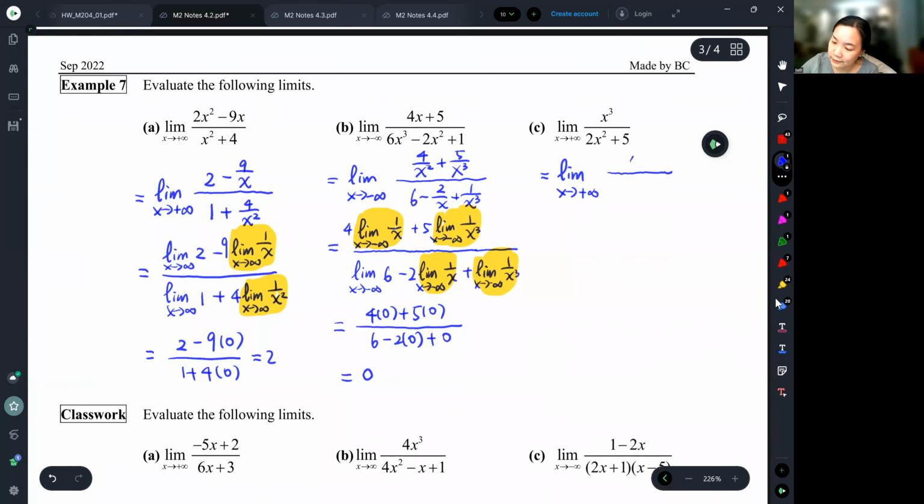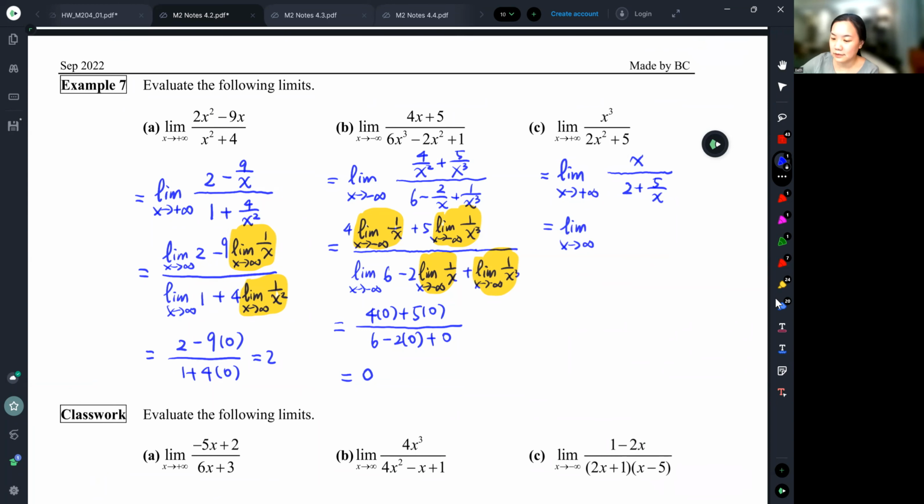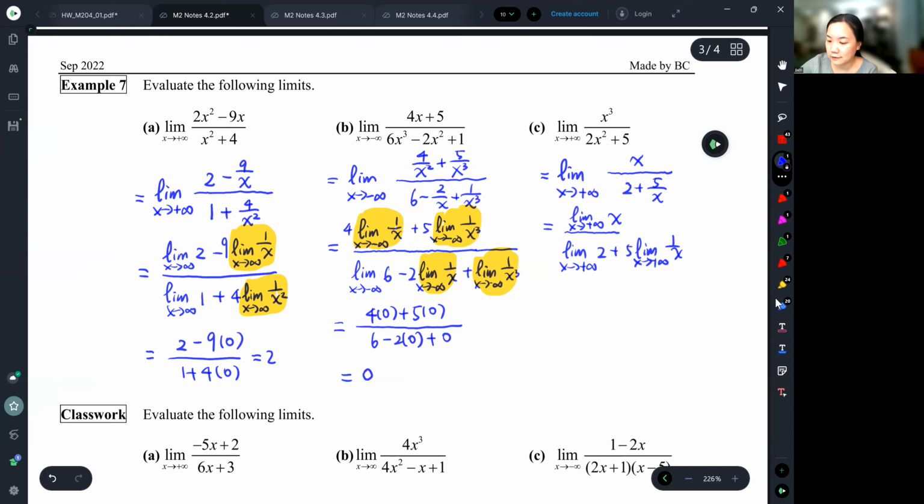Okay. And this one, I'm going to use it on everything. Now, when I use it on everything, I'm safe with the last one.